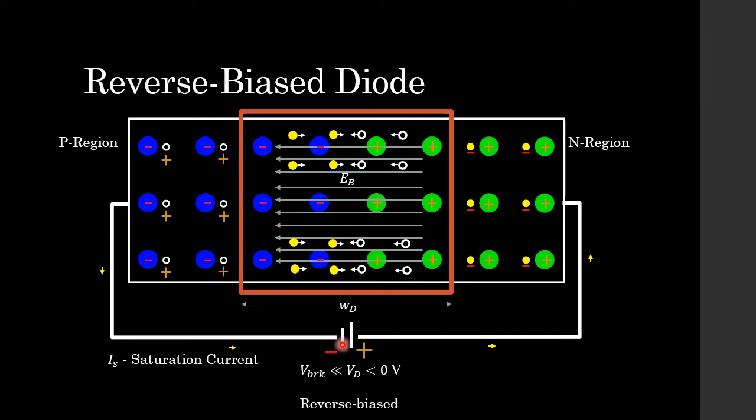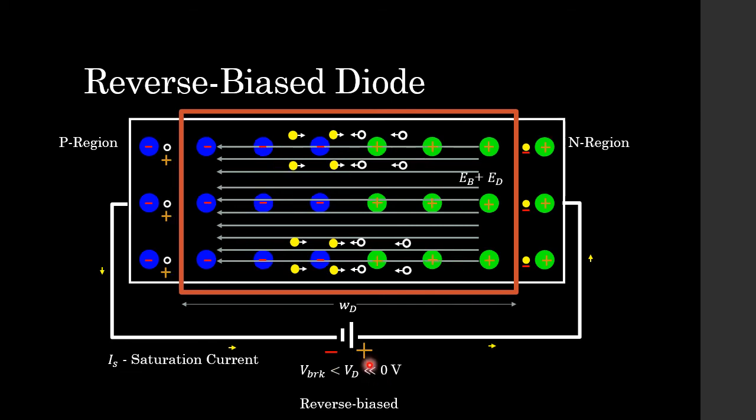So now what happens if we were to decrease this applied voltage VD and get it closer to our breakdown voltage and even further less than 0 volts? Well, here you have it. Again, you can see this electric field, which was set up by our barrier potential, now gets even stronger because it has the additional power of the electric field created by this external biasing, and it increases the width of our depletion region.